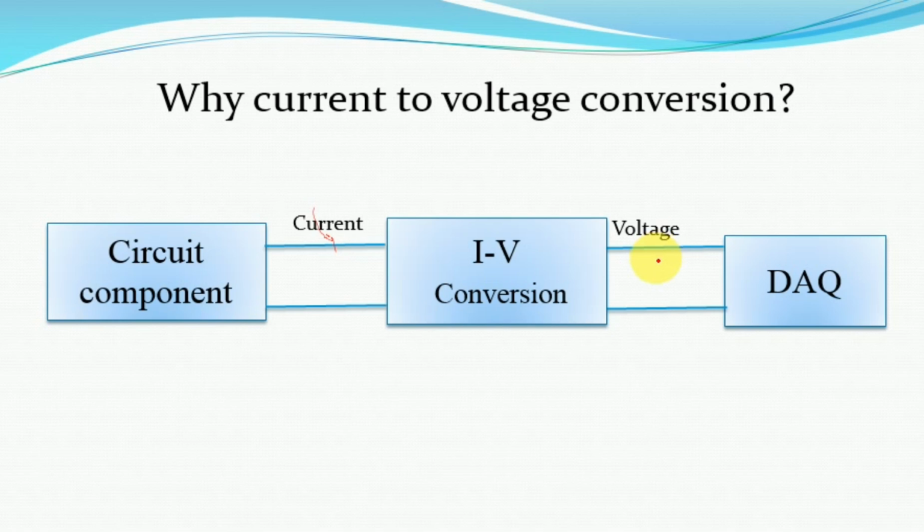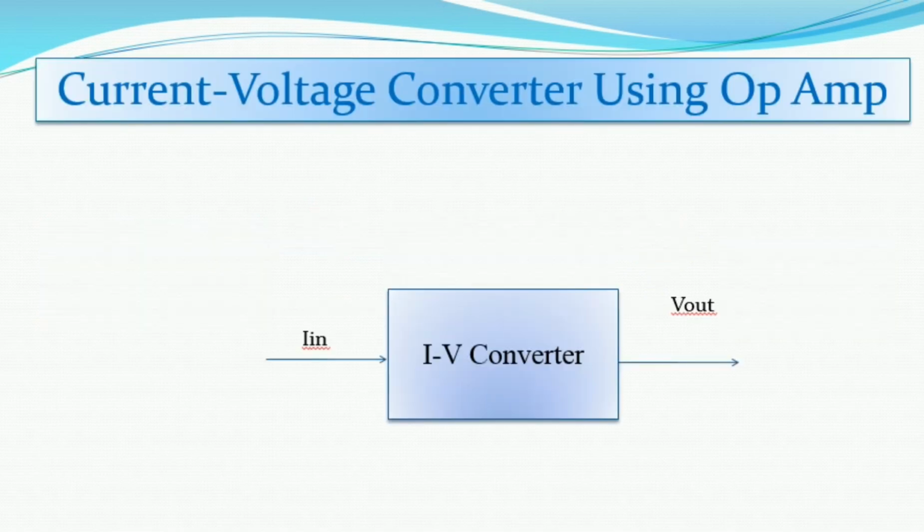Now let us see the current to voltage converter circuit using op amp. In brief, if you consider this I2V converter circuit, the input signal is a current, whereas the output we are observing is a voltage. As we know, this I2V converter should always follow the linear characteristic, which means the output voltage is directly proportional to the input current.